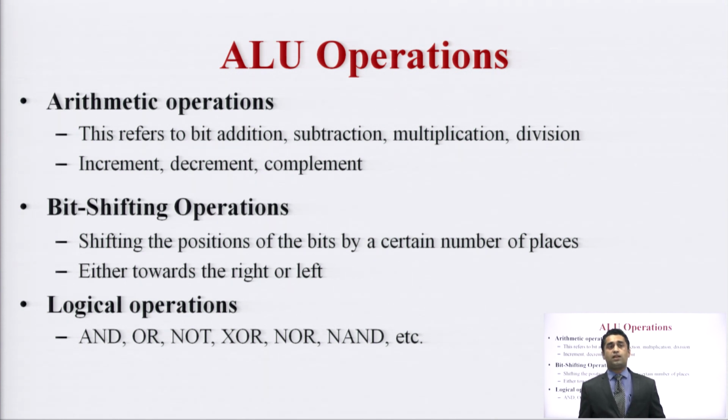So these are the examples of arithmetic operation. Bitwise shifting is used when we are dealing with multiplication and division in arithmetic. So in this case, shifting is required. Logical operations are important when we need to clear something. For this, logical operations are required like AND, OR, NOT, XOR.